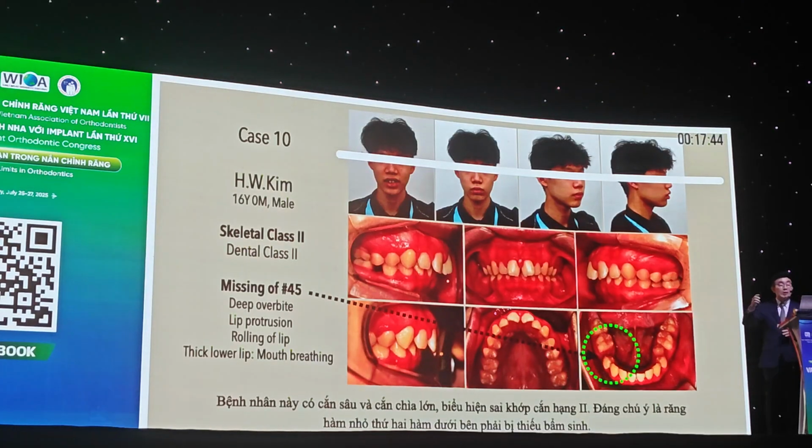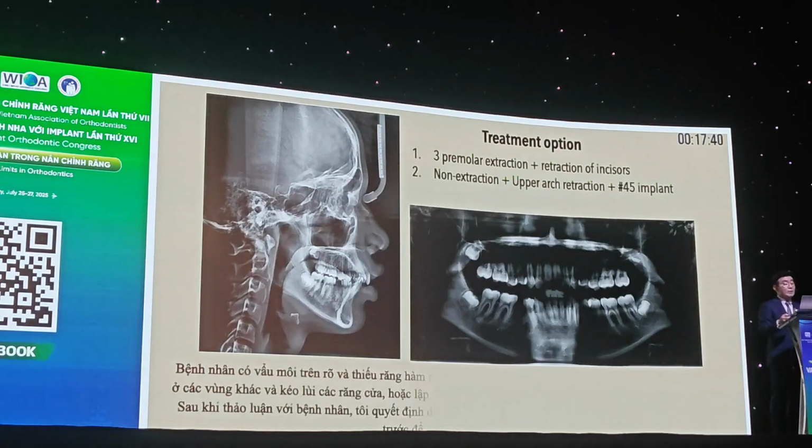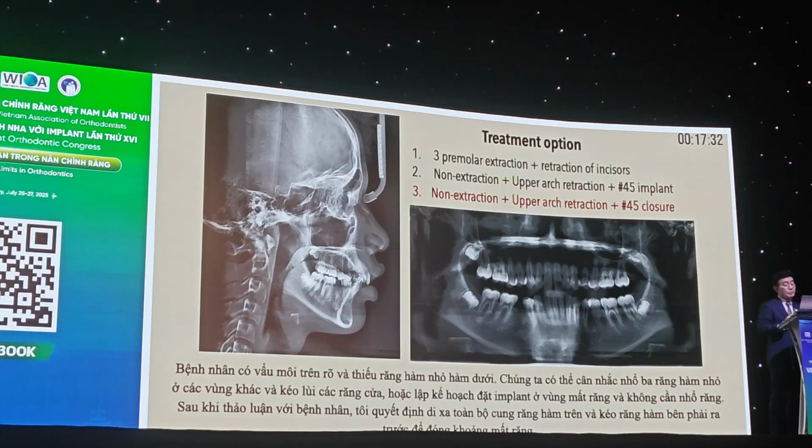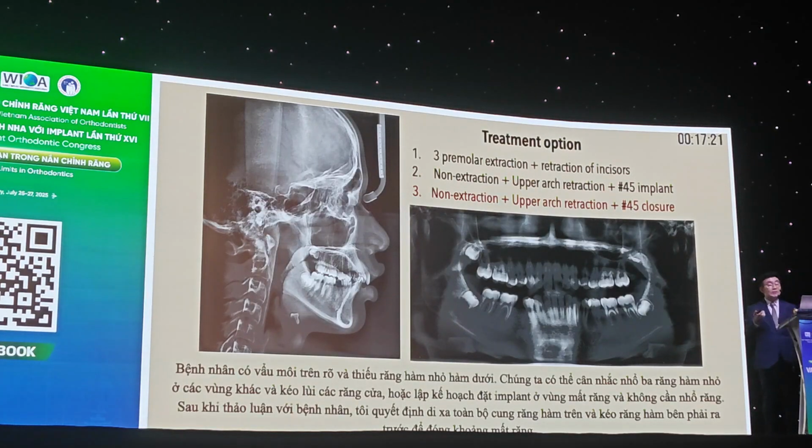Notably, the mandibular right second premolar was congenitally absent. There is evident protrusion of the upper lip and absence of the mandibular premolar. We could consider extracting 3 premolars from other areas and retracting the incisors, or we could plan for an implant in the missing region without extraction.